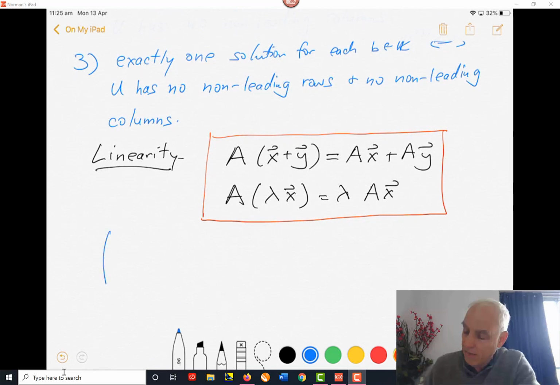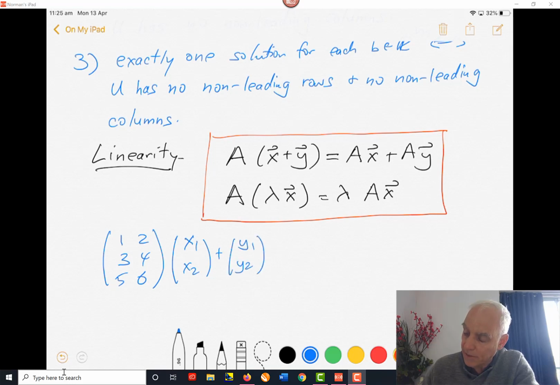Okay, so suppose that we have, for example, the matrix 1, 2, 3, 4, 5, 6, and we're multiplying it by the vector x1, x2, and I'm going to add y1, y2. So this is going to take this combination, okay? So here's the matrix A, there's the vector x, there's the vector y, and here's x plus y.